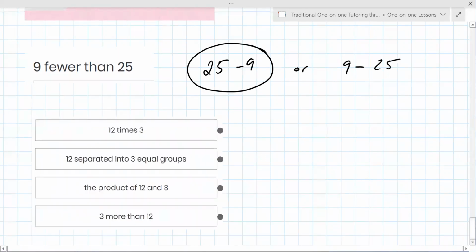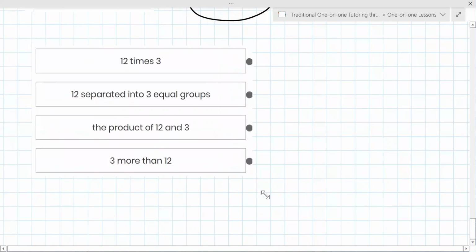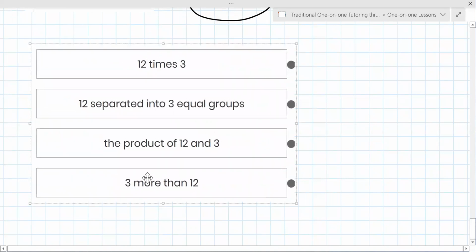The first one, that's multiplication. Okay, tell me the numbers. Is it 12 times 3 or 3 times 12, or does it not matter?